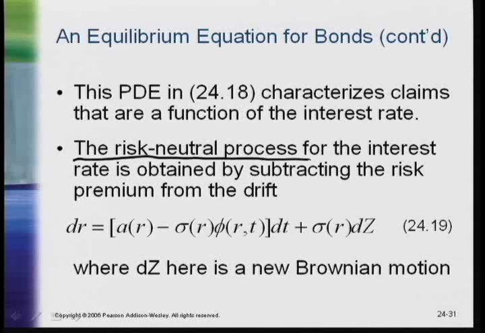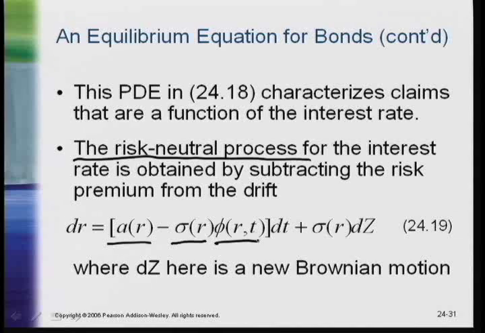And the typical procedure is we're going to subtract the risk premium from the drift. You recall that's how we create a risk-neutral process: we take the drift of the original variable and we subtract its risk premium. Well, what's the risk premium? It's the numerator of the Sharpe ratio. So if I multiply sigma times the Sharpe ratio, I get the risk premium.